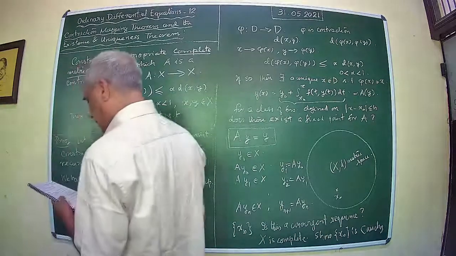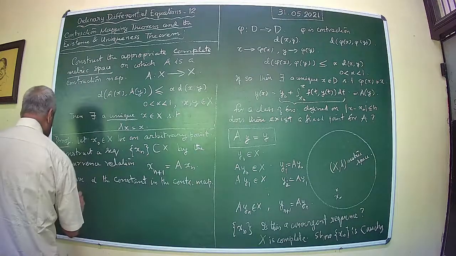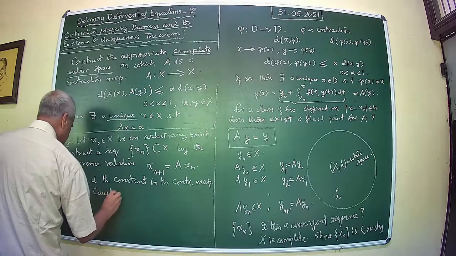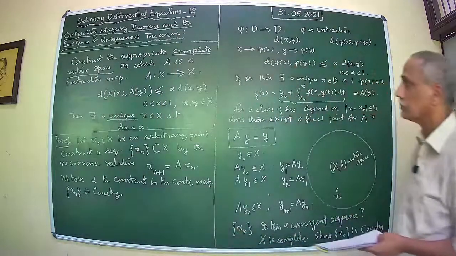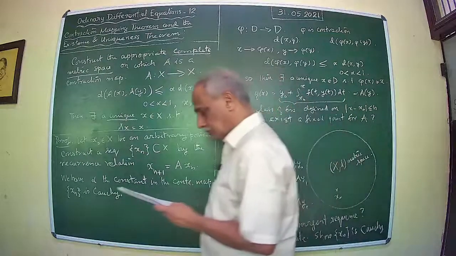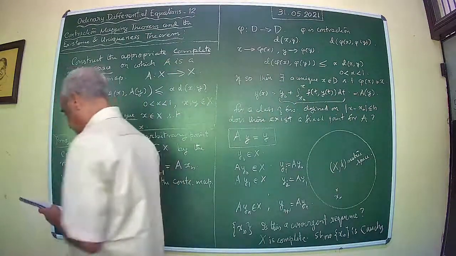Now what we claim is that x n is a Cauchy sequence. So we prove this. You compute this.